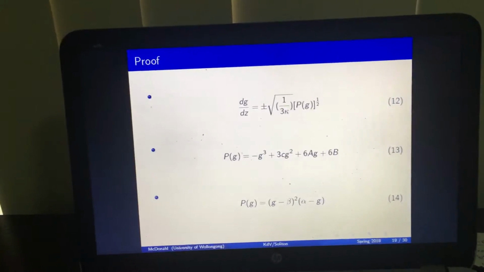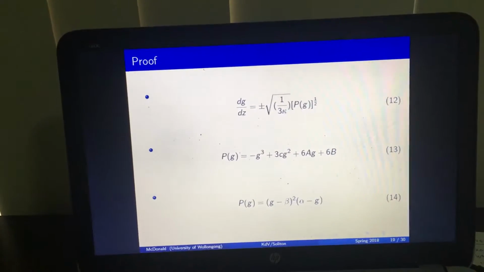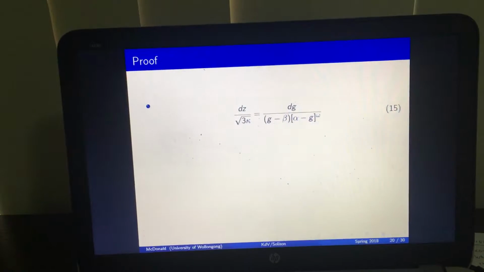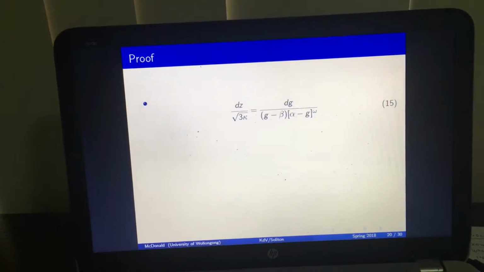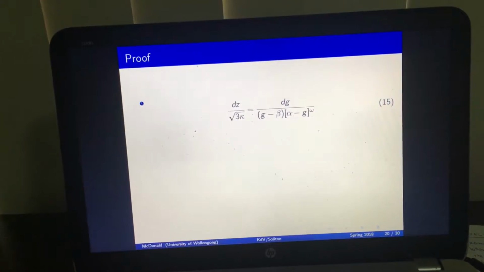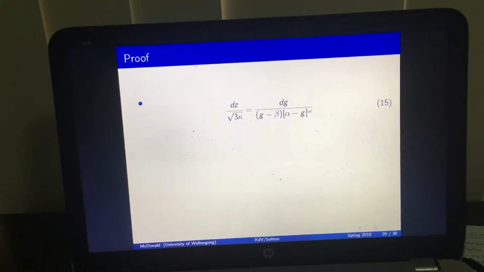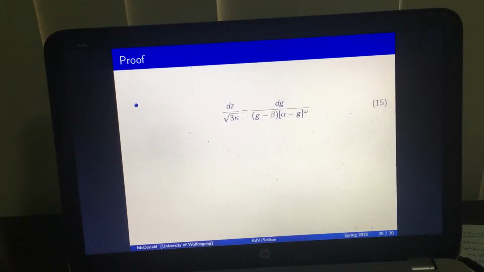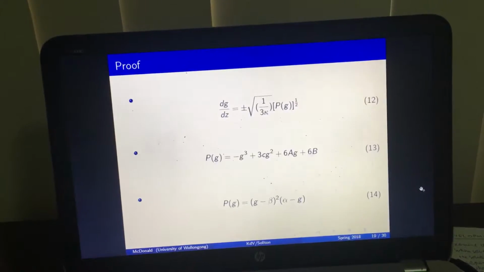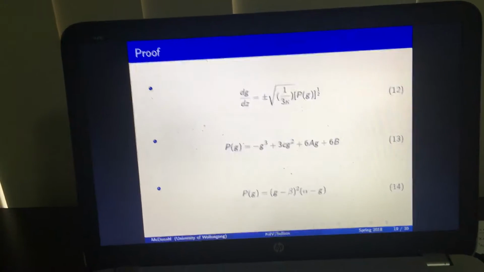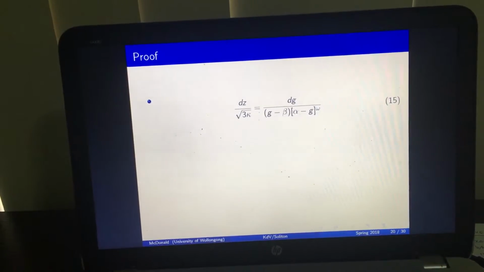So we're going to let P of G have the form of equation number 14. To get 15, we're letting G be between beta, so G is greater than beta but less than alpha, and that allows us to get from equation number 12 to 15.